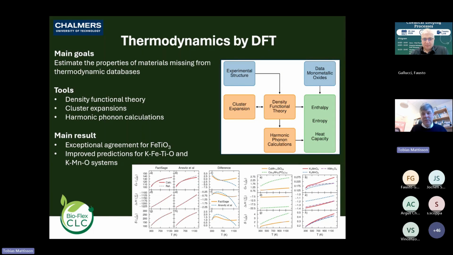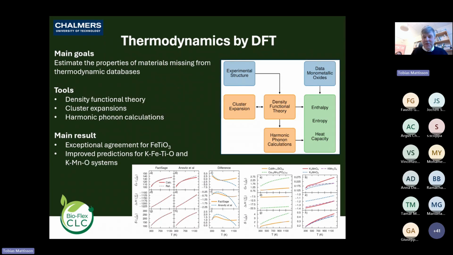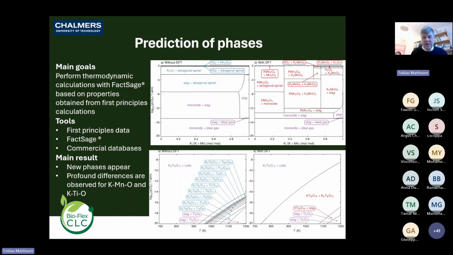will go on here. Basically what we're doing with atomistic modeling is to determine, from DFT or density functional theory, thermodynamic properties which we can use in multi-phase equilibrium calculations.